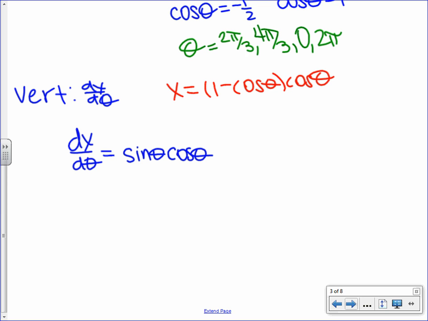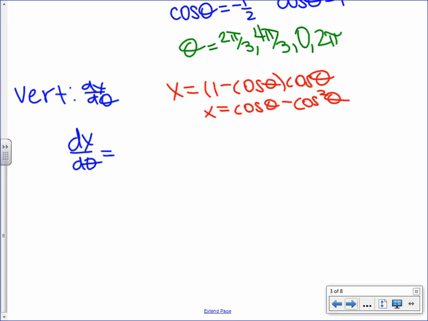I did it differently. Would it make it easier if we don't distribute it first? I'm fine with that. It's not bad either. Six of one, half a dozen of another, right?